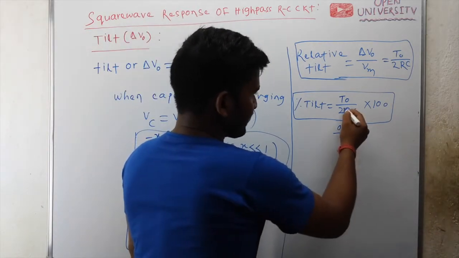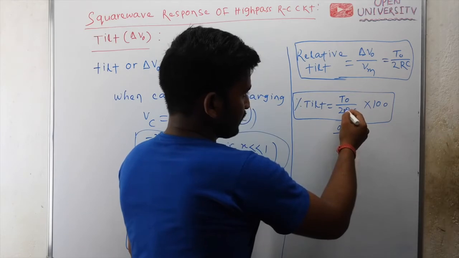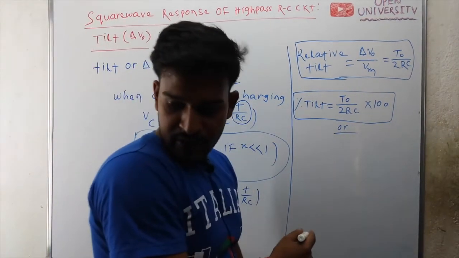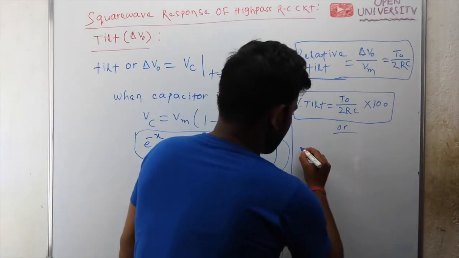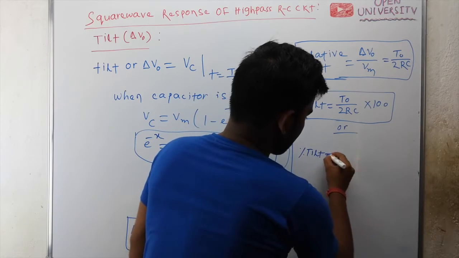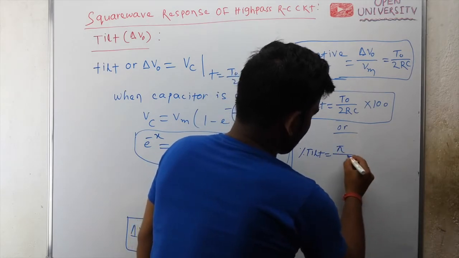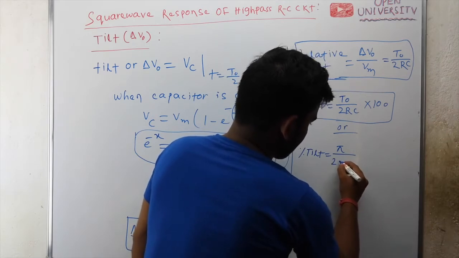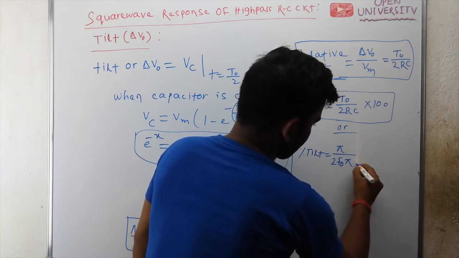See, if you multiply pi in the numerator and denominator, percentage tilt will be equal to pi into, bring t naught to denominator, it will be f naught, pi RC.